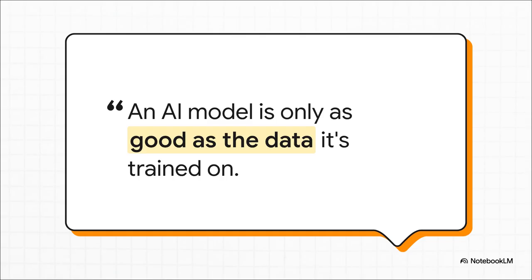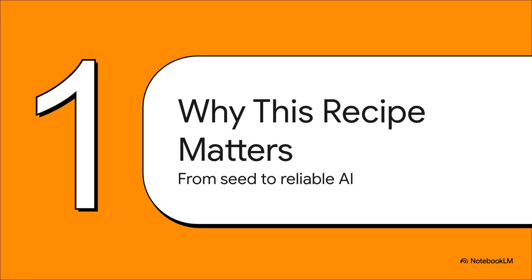And this whole thing really just hammers home one of the core truths of AI. This quote says it all. An AI model is only as good as the data it's trained on. So you might be thinking, why go through all this work? Why does having this tiny, perfect dataset matter so much? Well, it matters because that perfect seed is how you grow an AI that you can actually trust. And believe me, this isn't just some abstract idea.